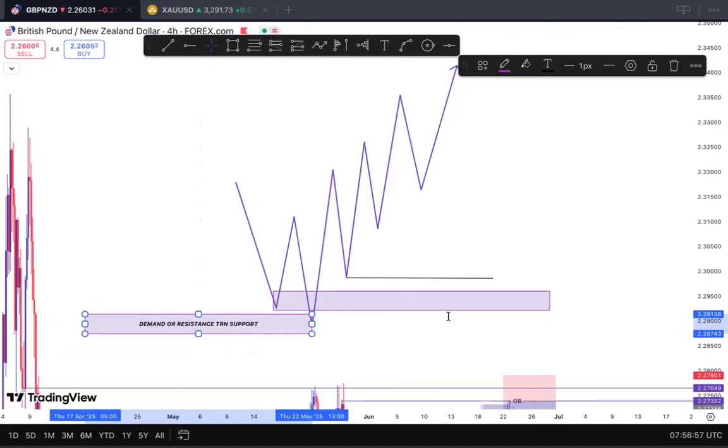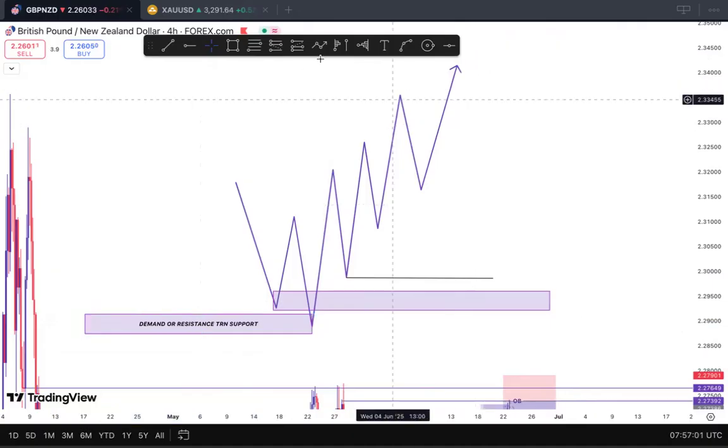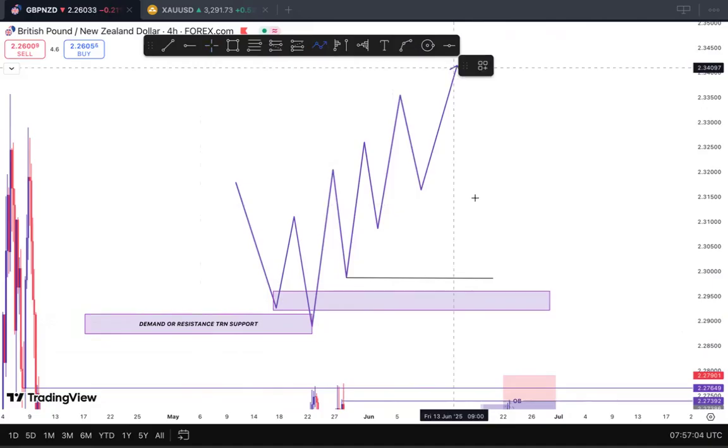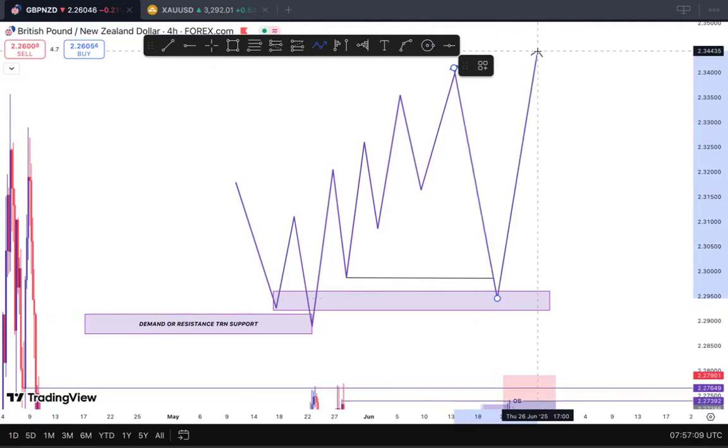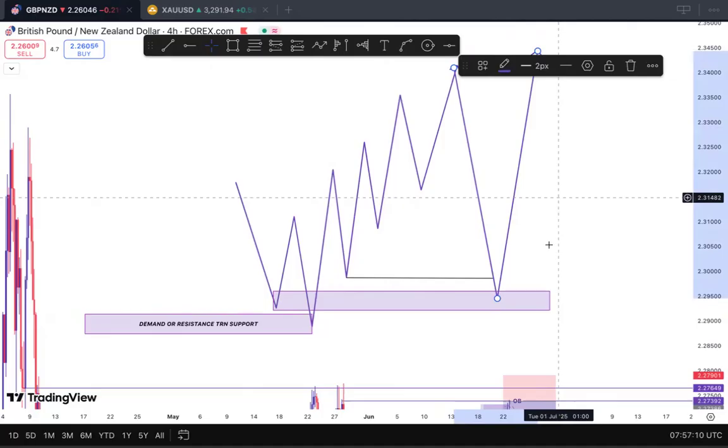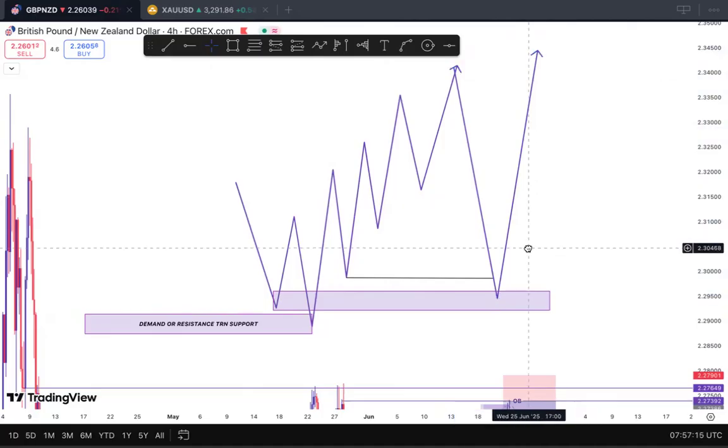Then usually what price does is that price will have to come back to the POI, boom. Do you understand? Very easy, very simple strategy.